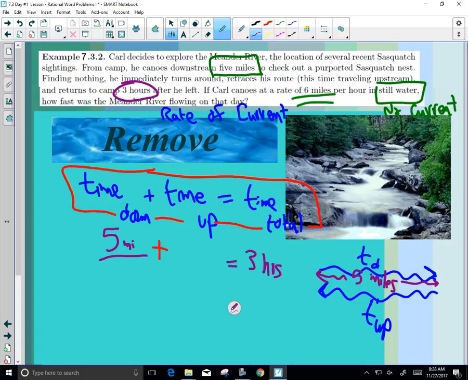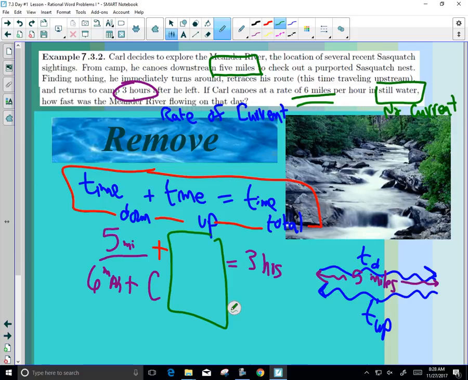Now the rate is tricky. He can travel 6 miles per hour. But when he's going downstream, what's added to that rate? The current. Yep. So I'm just going to call this C for the rate of the current. Are you okay with that? Turn to your neighbor and see if they can help you figure out what the fraction is for going upstream.